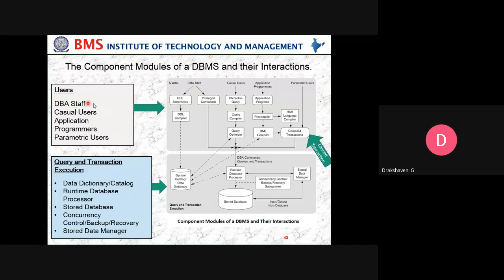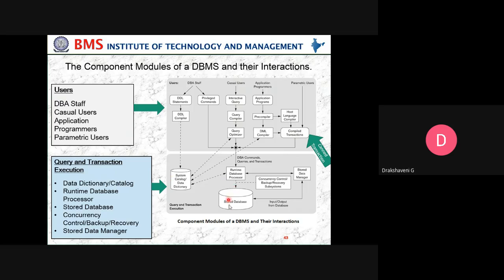It can be database user, casual user, application programmer, or parametric user. Or we can see casual users. It can be interactive query or compiler or query optimizer. Or we may have application programs, pre-compiler and DML compiler. Or parametric user, we can see host language or a compiled transaction.